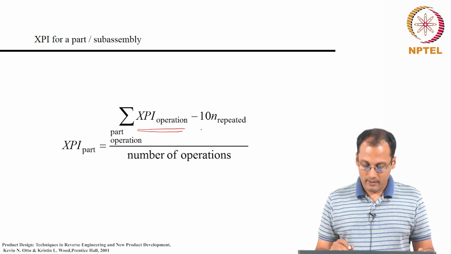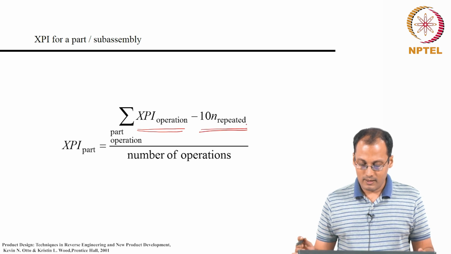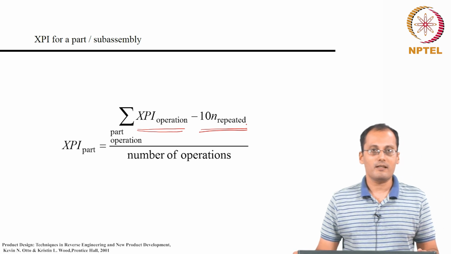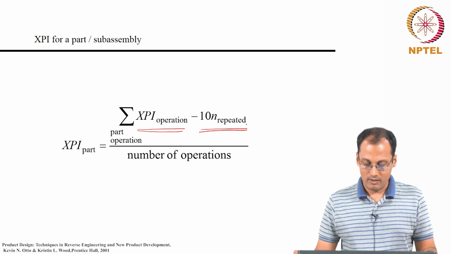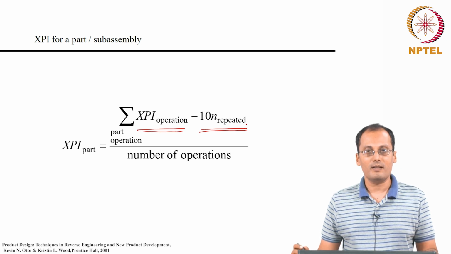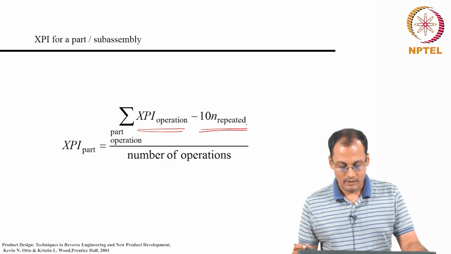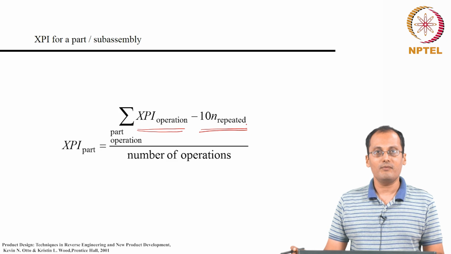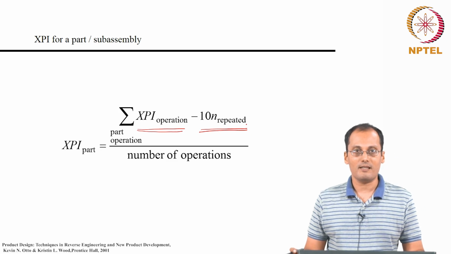and for repeated operations heuristically a score is reduced because if one operation is repeated several times, then the degree of difficulty does not remain the same each time when I do the operation successfully.